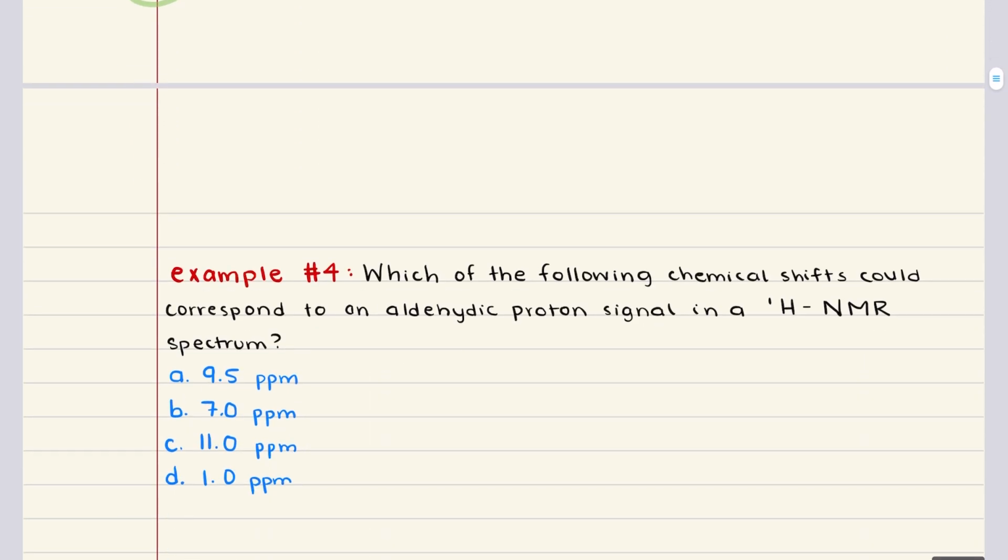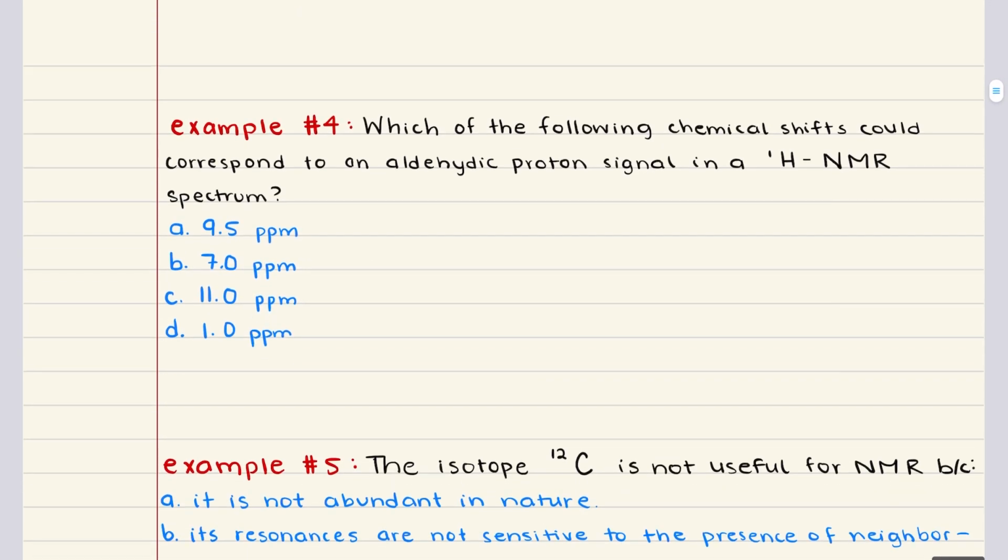Problem 4 says, which of the following chemical shifts could correspond to an aldehyde proton signal in HNMR spectrum? Here we need to recall where aldehyde protons typically appear on an NMR spectrum. Aldehyde protons are quite de-shielded because they're directly attached to a carbon that's double bonded to an oxygen, this carbonyl group.